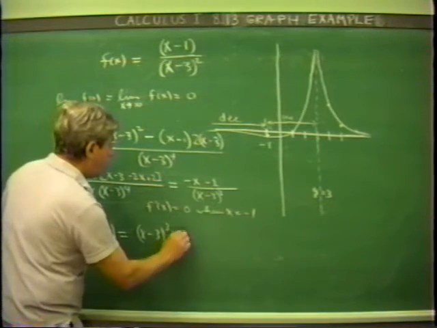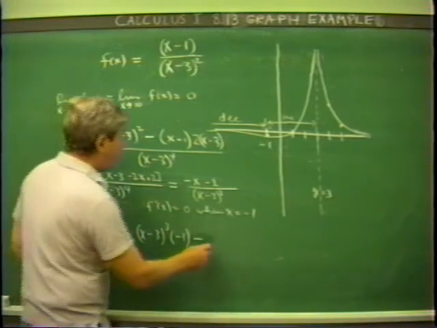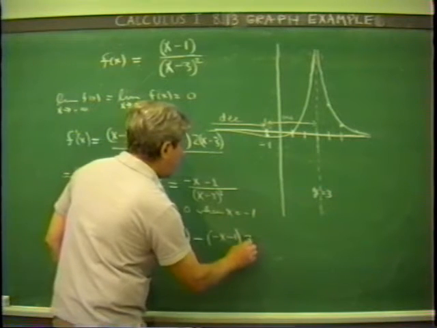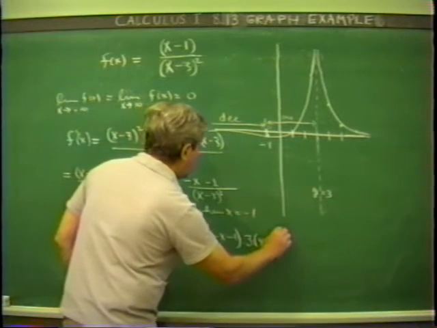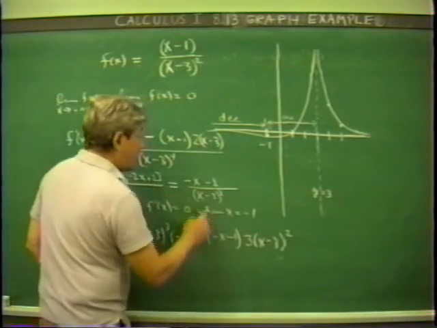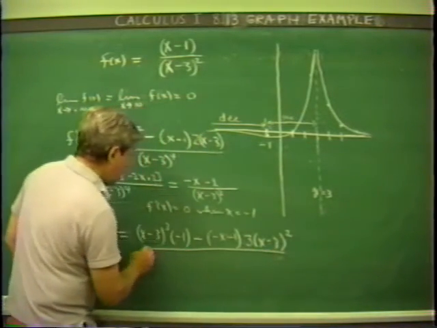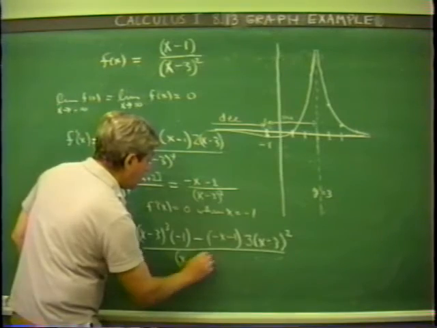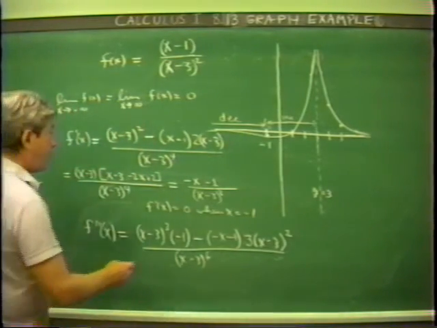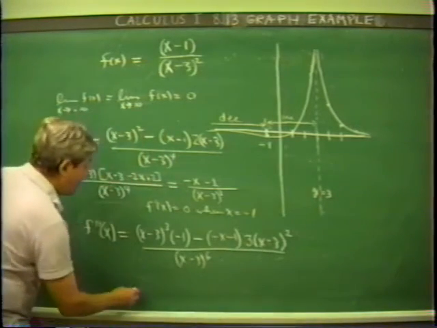Here's the first derivative. The second derivative is equal to the denominator times the derivative of the numerator minus the numerator times the derivative of the denominator, three times x minus 3 squared, over the denominator squared, x minus 3 to the 6th.